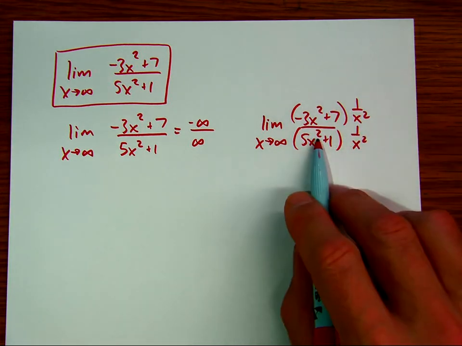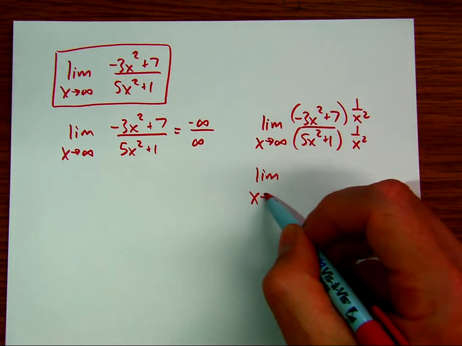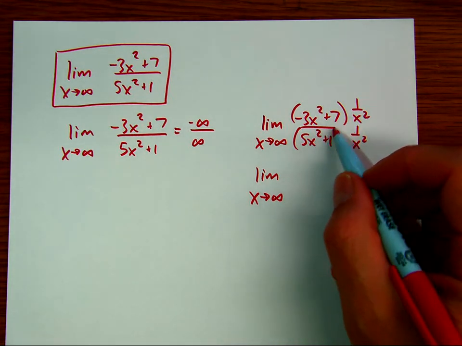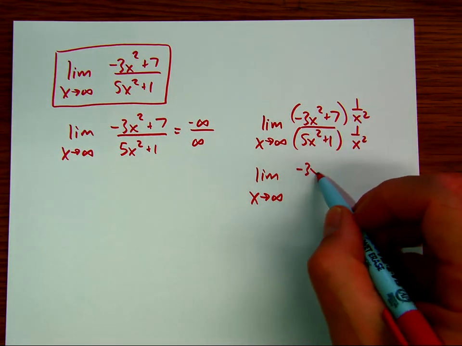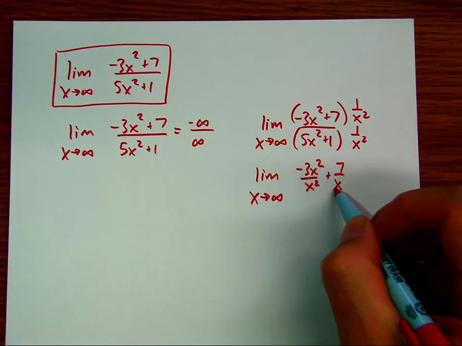Because there's a 2 there, we do this. And that means we just write an x squared under each term. So negative 3x squared over x squared, 7 over x squared.